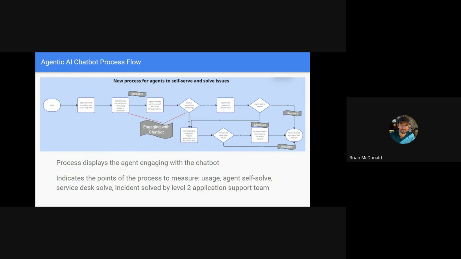And then, of course, if the service desk can't resolve it, then they send it over to level 2 support. But notice here in the diagram, we have several spots notated where we want to measure the increase or decrease of incidents or usage of the new system. And we certainly want to decrease the number of incidents that are going to level 2 application support team.